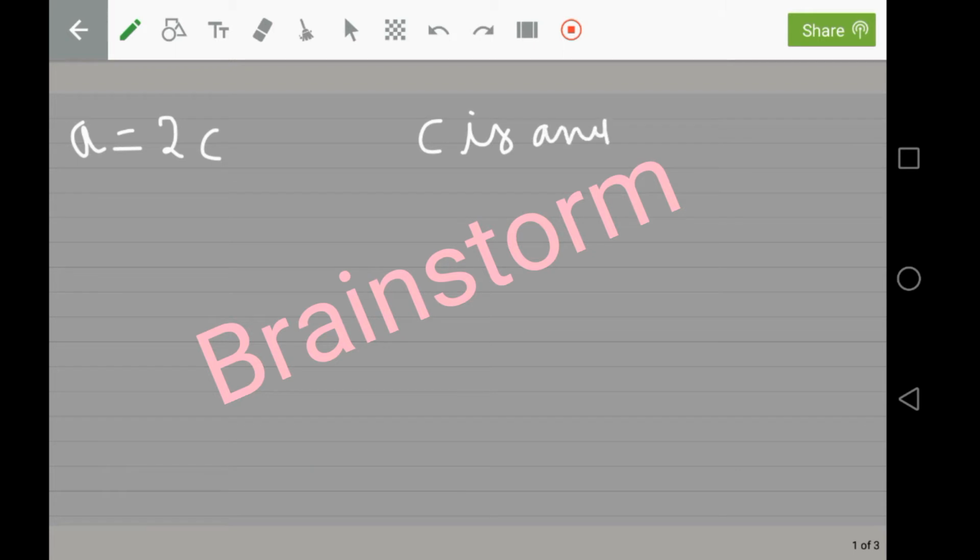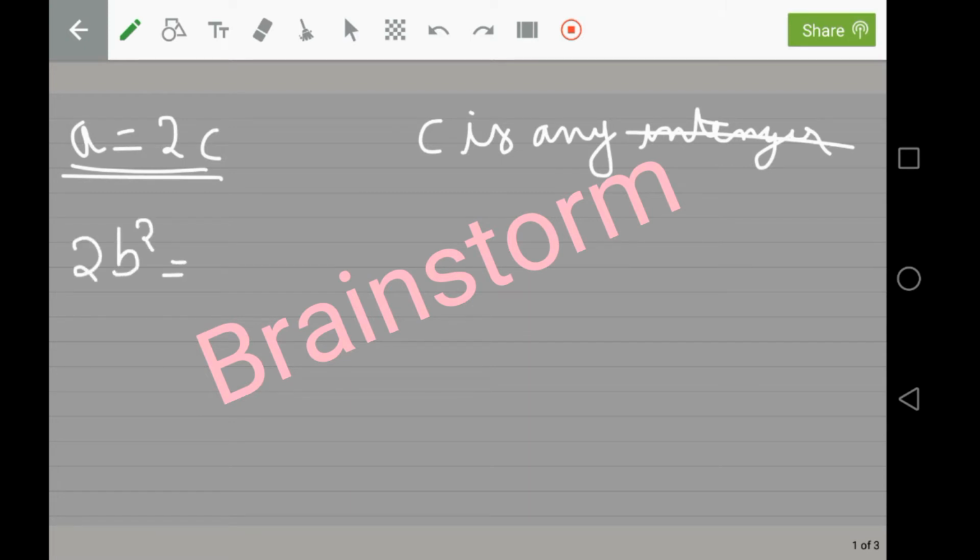Now we get a is equal to 2c. When we substitute this value for a, we get 2b square is equal to 4c square, which when we simplify, we cut here, we get b square is equal to 2c square.